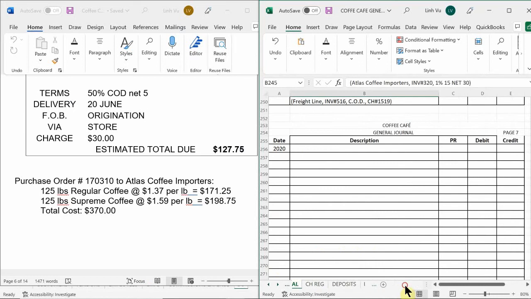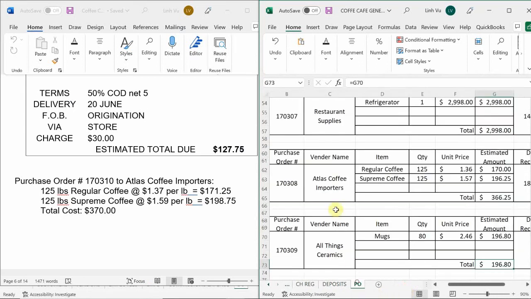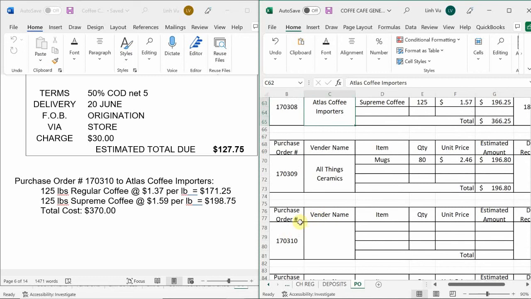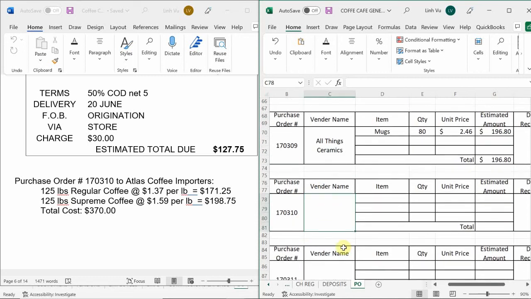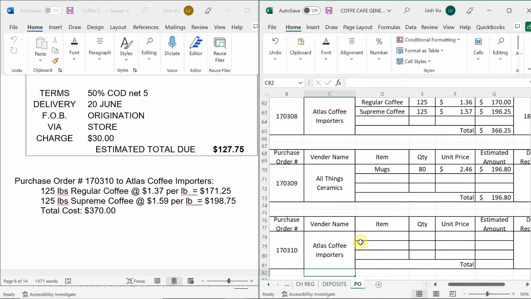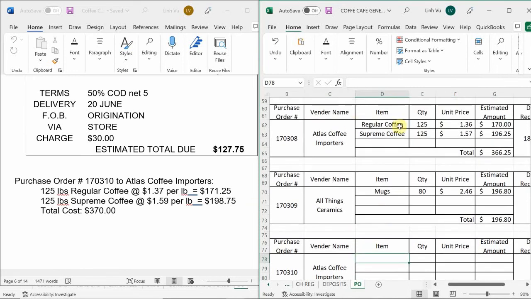So again, back to the purchase orders. Purchase order number 310. Okay. To who? Atlas Coffee Importers. Okay. What am I going to purchase from them? So I'm going to go ahead and copy this from the previous one.